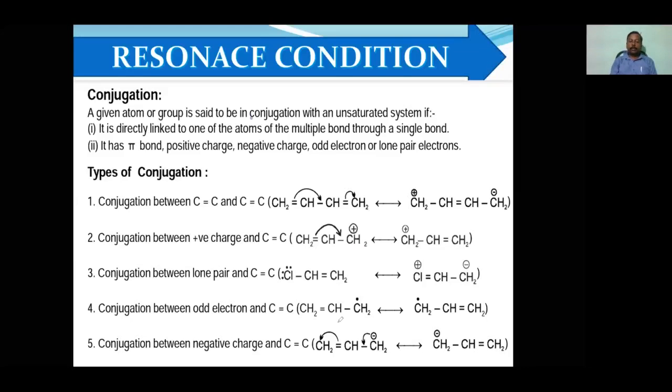Like inductive effect has a condition, what is that condition? There should be a sigma bond and there should be an electronegativity difference between the two bonded atoms. So resonance also will have some conditions. Inductive effect has only two conditions: a sigma bond and a difference in electronegativity.